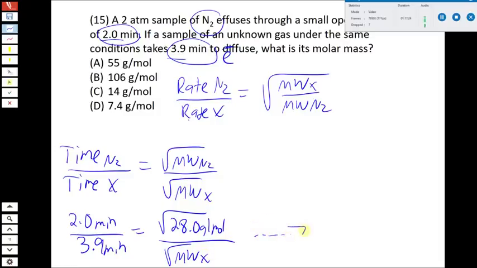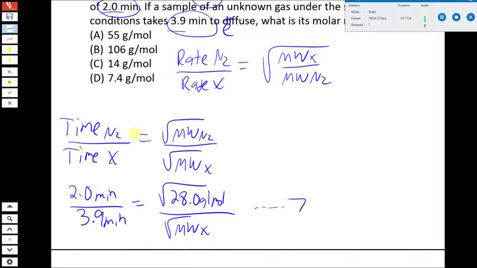All right, so then with a few cross multiplications and dividing and removing the square root by squaring and all that stuff, we get that the molar mass of our unknown is 106 grams per mole. All right, so we concluded that it should be larger than nitrogen because it's taking longer for that gas to leak out. 106 is larger, and that's going to be choice B, which is our correct answer in this case.